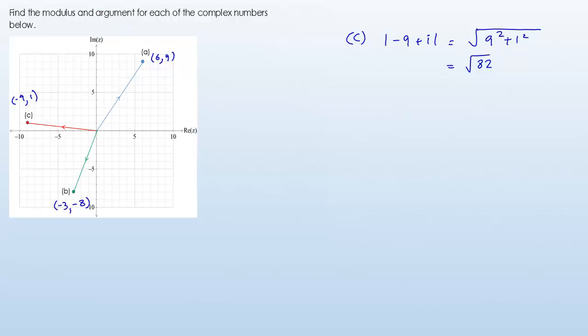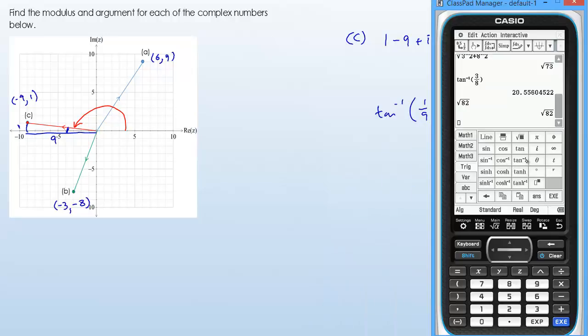Now for the argument. We know the argument is from the positive real axis, so it will go this way around. So what I could do here is form a triangle here and work out this angle here. We know this is 1 and this is 9. So the inverse tan of 1 over 9, and this is where I want it to be back to decimal, is 6.3.